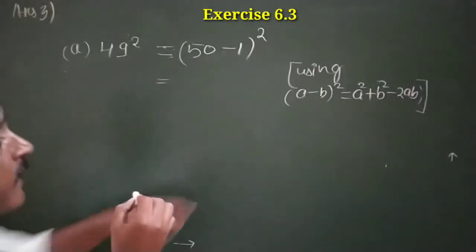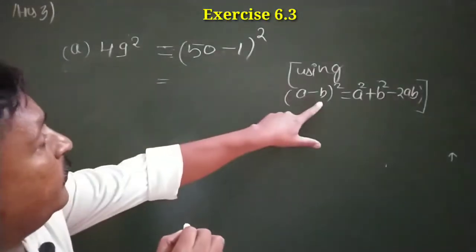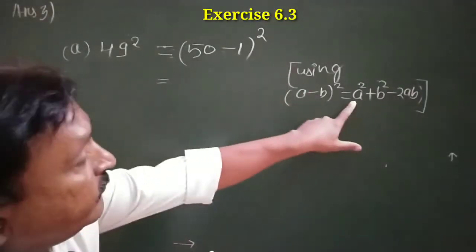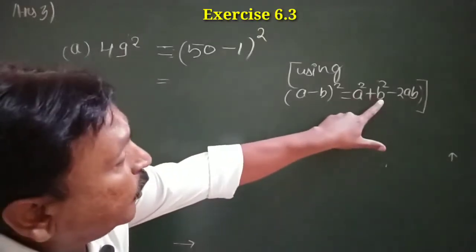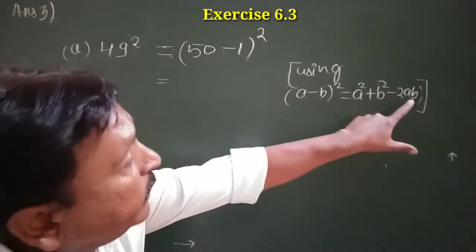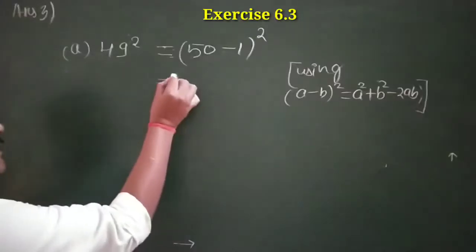In place of a we have 50, in place of b we have 1. It means 50 square plus 1 square minus 2 into 50 into 1.